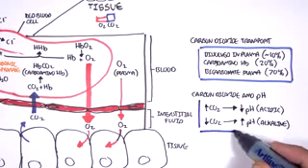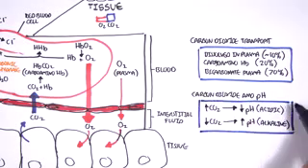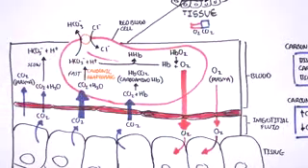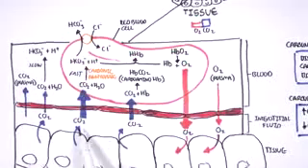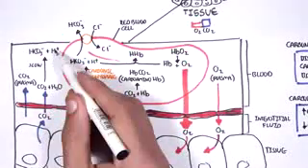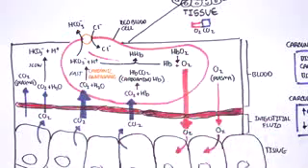Why is this? Well, first of all, let's pretend that we have more carbon dioxide. This will shift the reaction to form more bicarbonate and hydrogen ions. If we have more hydrogen ions, this just means that it will be more acidic.